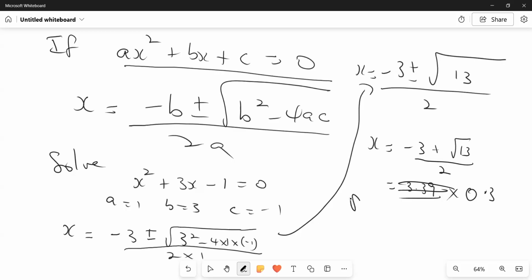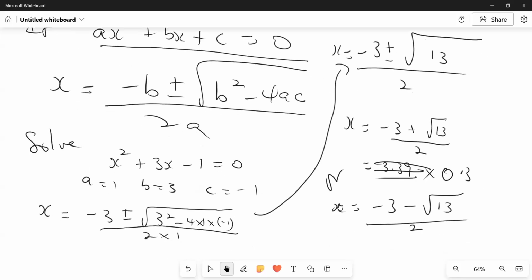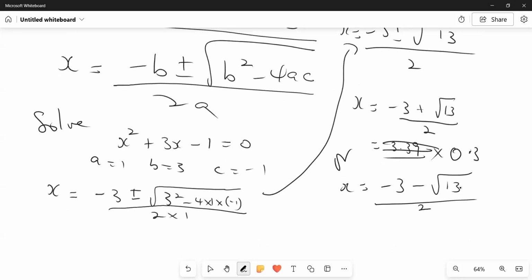Good. Or, remember, we use minus 3 plus that, or x equals minus 3 minus root 13 all over 2 now. What will you get now? So what you're going to do here, don't worry about the minus sign. Find the square root of 13, add it to 3, and keep the minus sign. Tell me what you'll get.